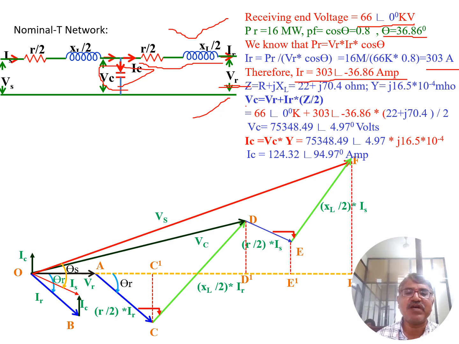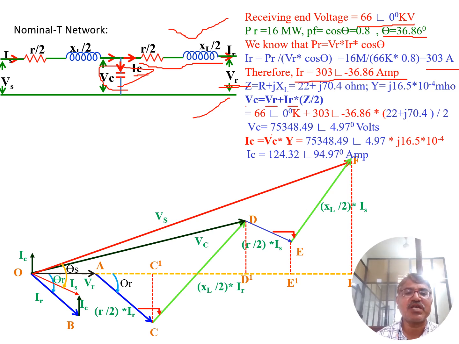So మనకు తెలిసిన వాల్యూస్ ఏమున్నాయి, VR known as well as IR known, Z by 2 is also known. Substitute the values in this formula, that is VC is calculated as 75348.49 at an angle of 4.97 degrees.